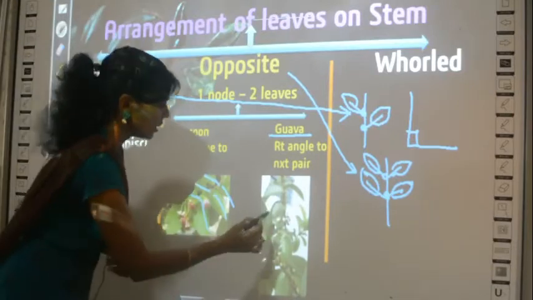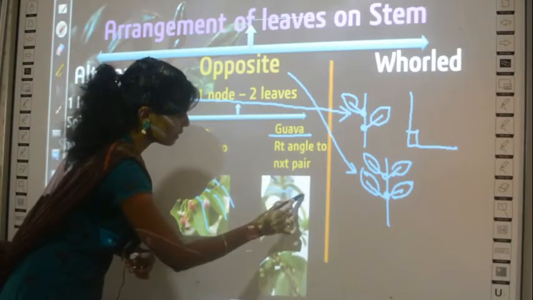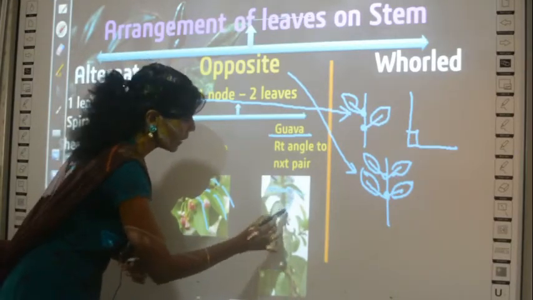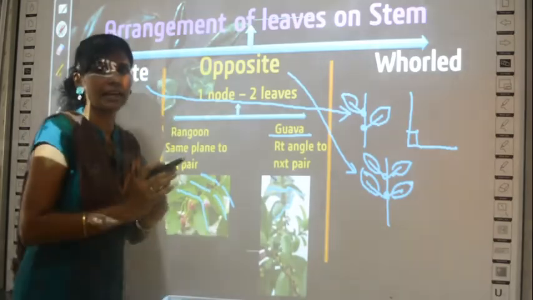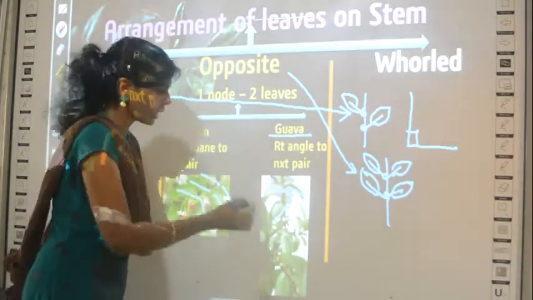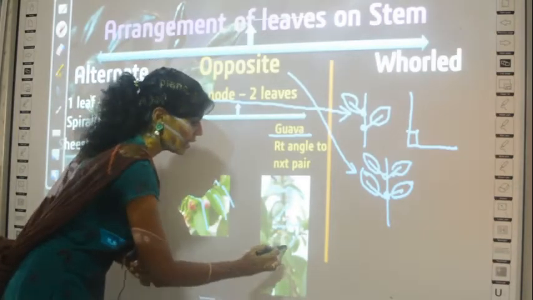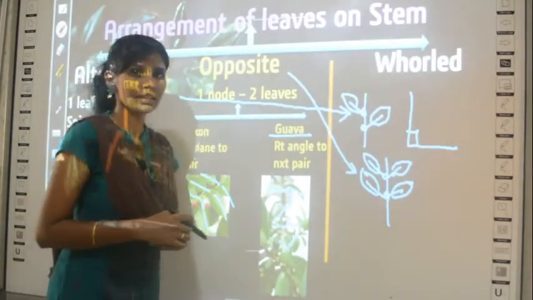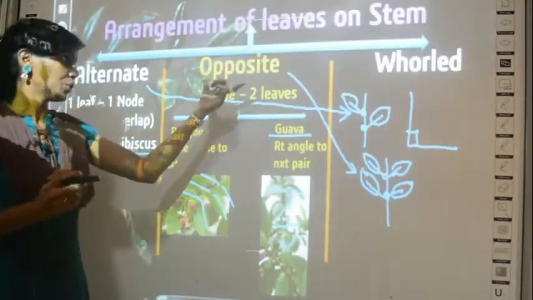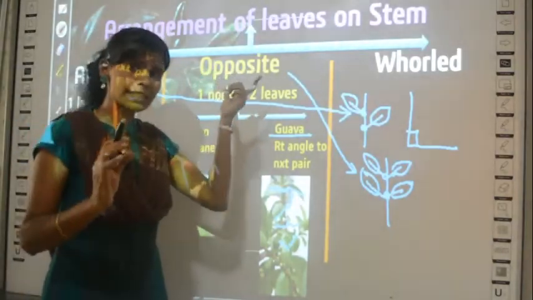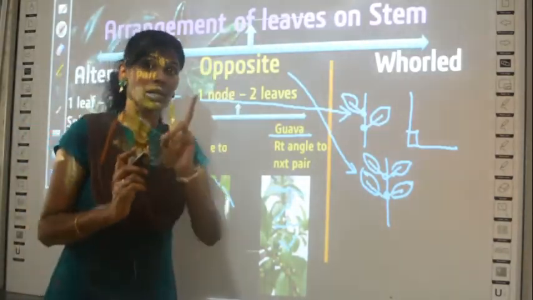So you can see when one pair is arranged like this, the other pair is arranged in another angle, that is at right angle. So again the next pair will be in this angle and the next pair will be at right angle. Clear?